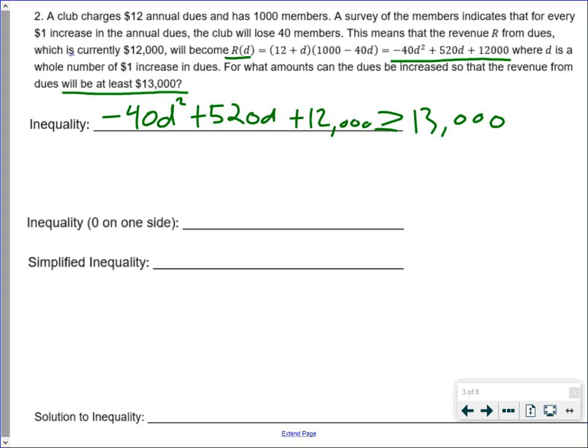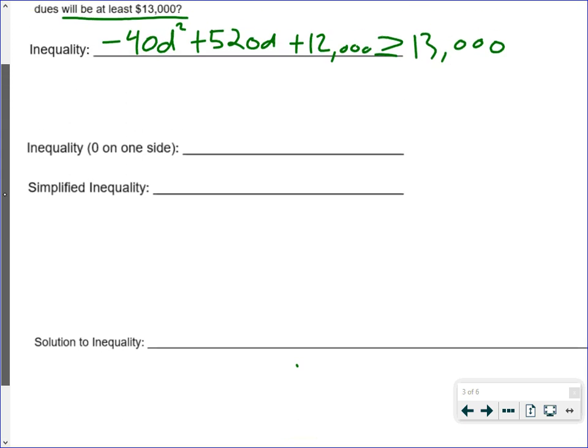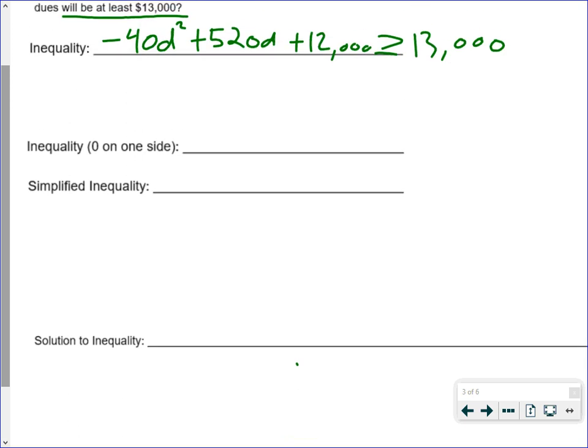All right, so we need to make our inequality have a 0 on one side. So that means we're going to subtract 13,000 on both sides, and we'll get negative 40d squared plus 520d minus 1,000, because 12,000 minus 13,000 gives us negative 1,000.